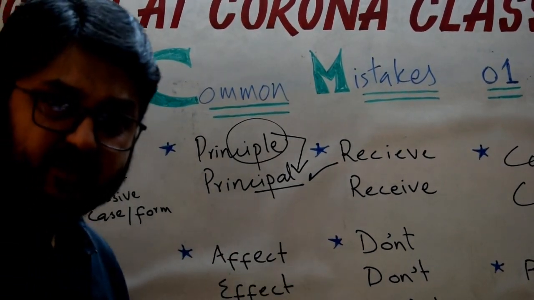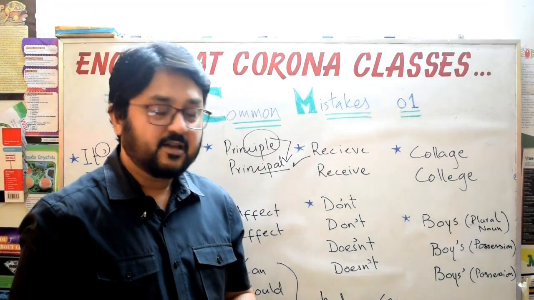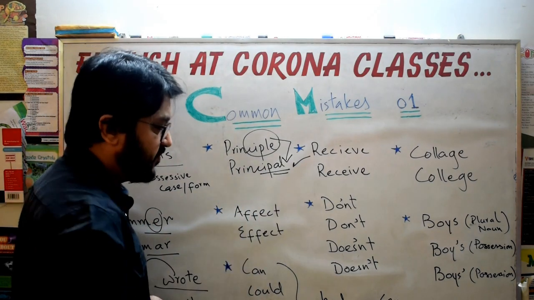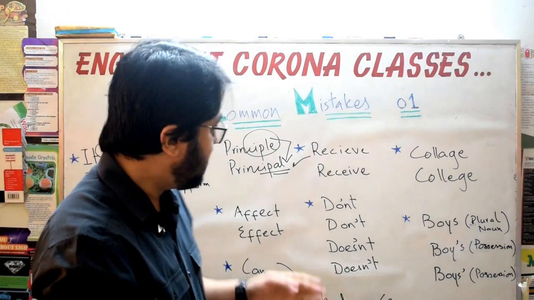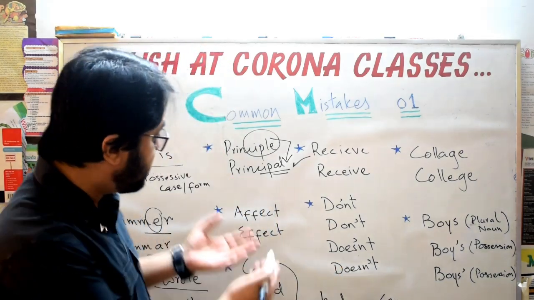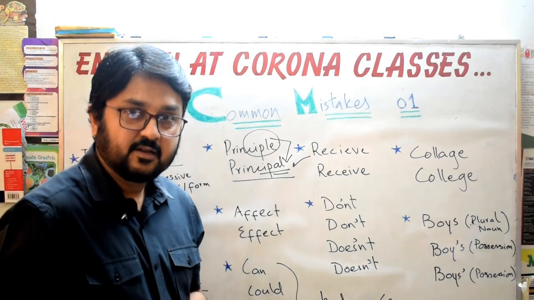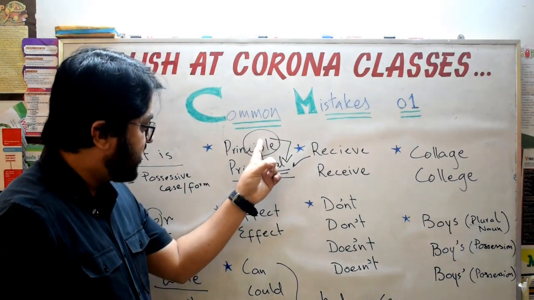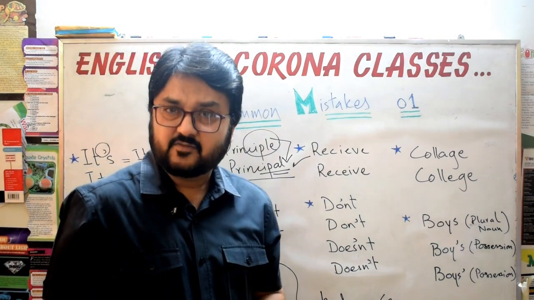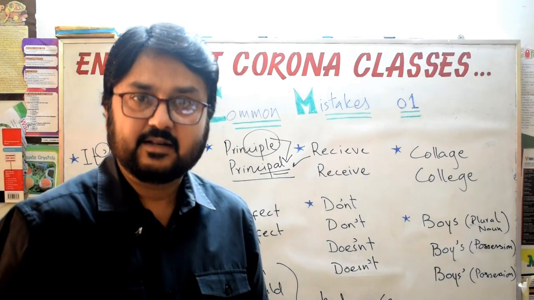This is your principal, the head of your school, not this one, which is usul, which is a rule made by this person. So please don't write this spelling when you want to write an application or letter, or when you want to write about the head of your school. That is the principal, AL.